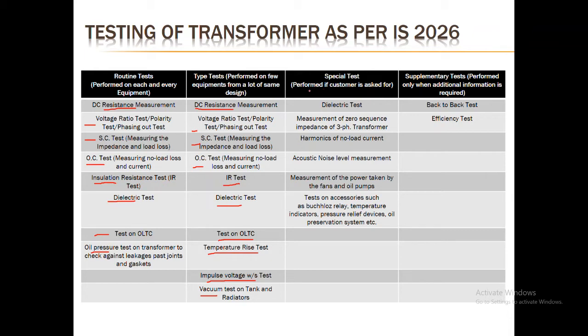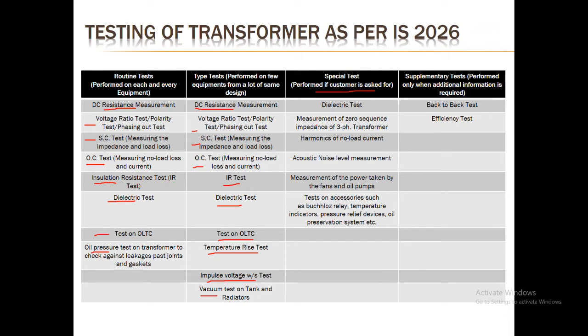The special test is performed if the customer is asking you to conduct it. You are not allowed to conduct the special test without the prior permission or prior requirement of the customer.